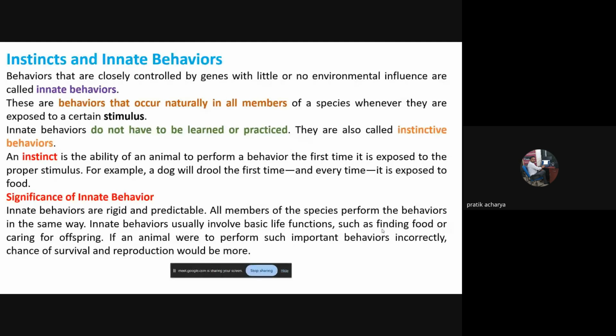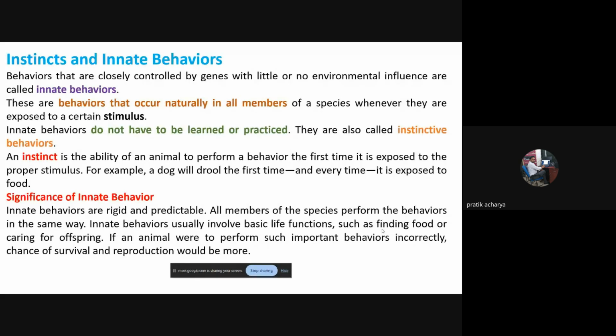Innate behavior do not have to be learned or practiced. I have already explained. They are also called instinctive behavior. Instinctive behavior means whatever instincts are present inside us that leads to this kind of behavior.